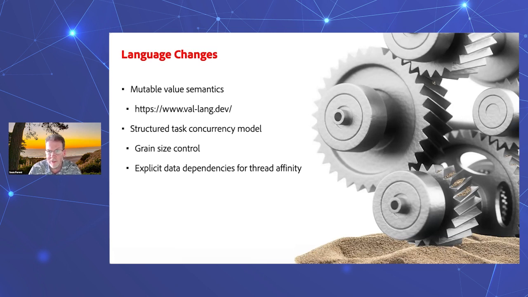I want the ability to tell my task scheduler that these two tasks are sharing the same data, so it can try to schedule them on the same thread, hopefully by implication the same core, so that I don't pay the equivalent of a context switch and thrash my caches between tasks.